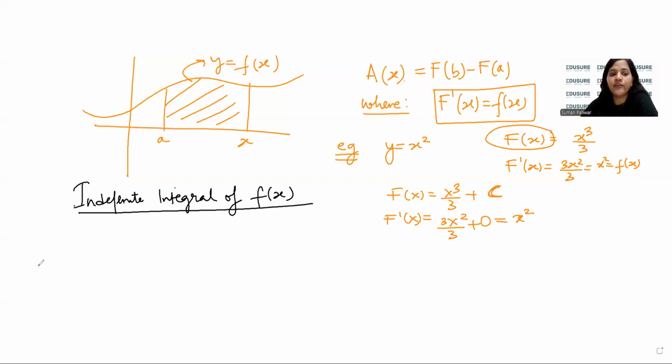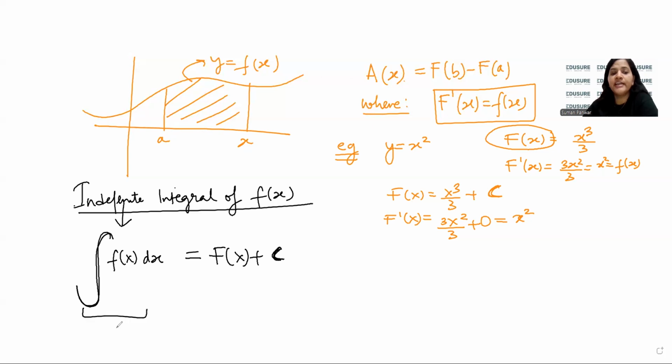So what is the sign of the indefinite integral? This is an elongated S. Okay, integral of f(x) dx. Now what does it mean? It means that this is going to be some capital F(x) plus c. Okay, now this is the indefinite integral of f(x).